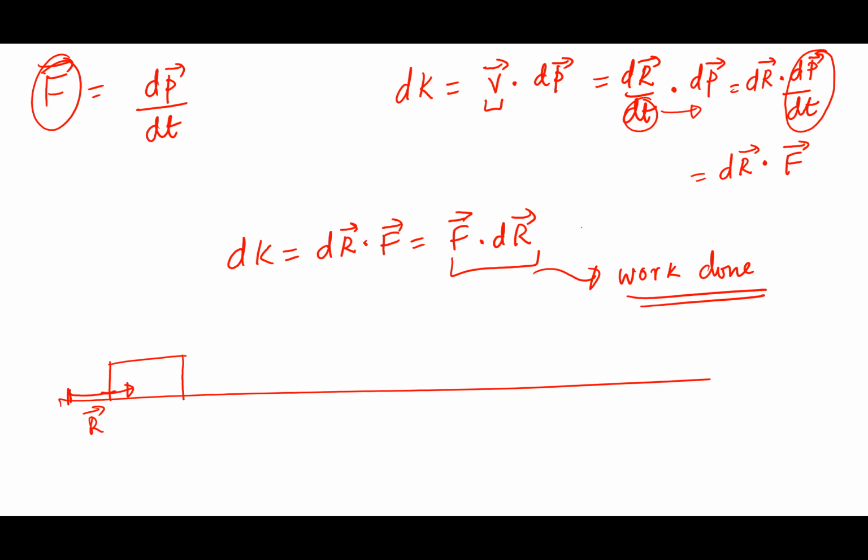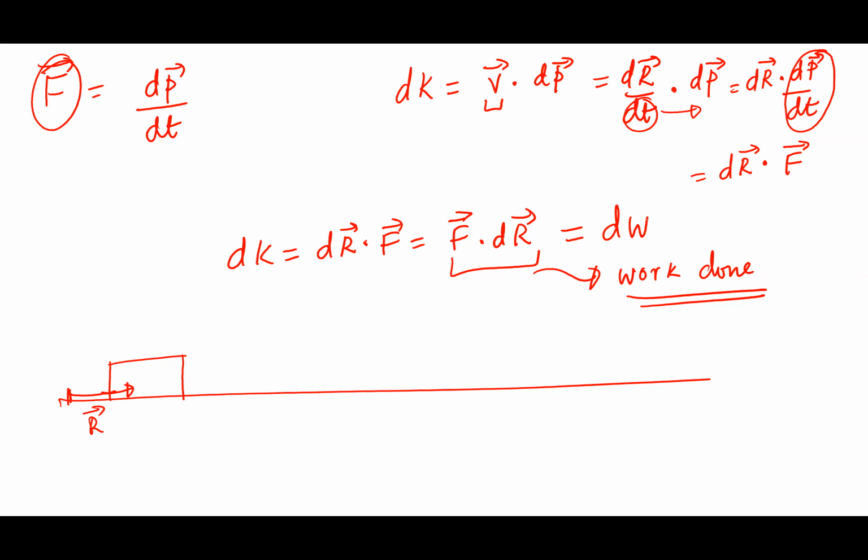So we write that as dW. Are you with me? Are you able to see what we're doing here? Just different ways of explaining it. You could say the object gained the kinetic energy, or you could say I did work on the object. Both are the same thing.